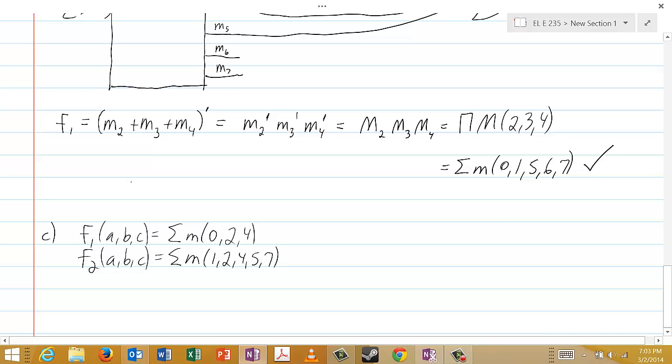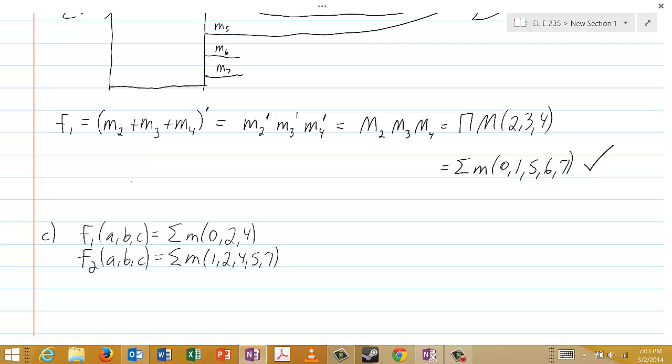Rather than drawing everything here, I'll let you think about it for a moment. What kind of gate do you think you should use? Should you use an OR gate or a NOR gate for each of these functions? Think about it for a moment and then turn the video back on.